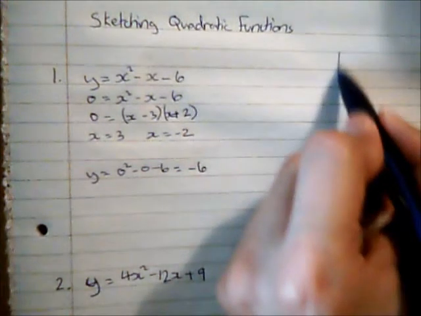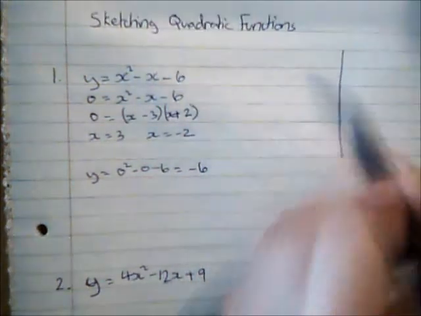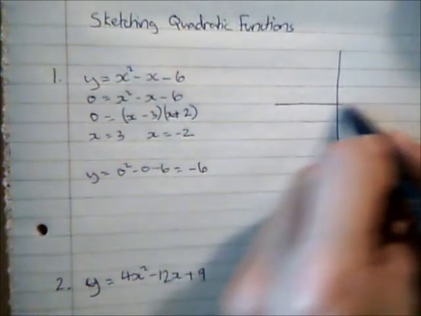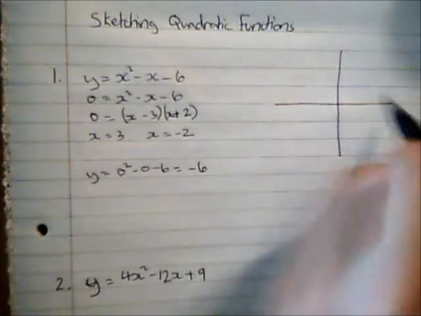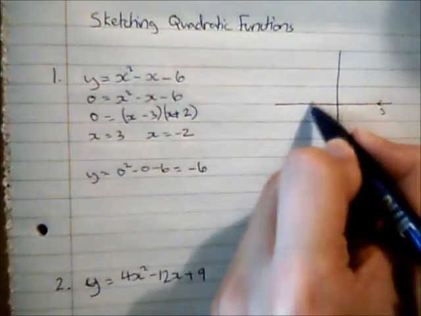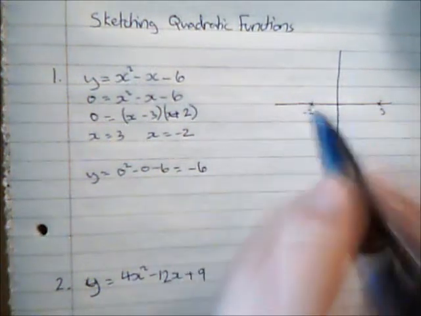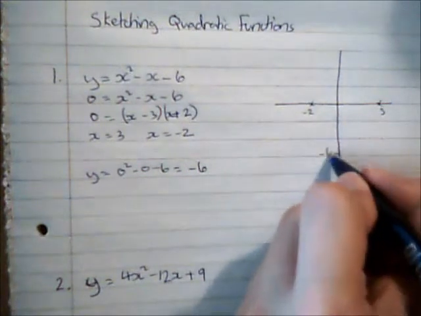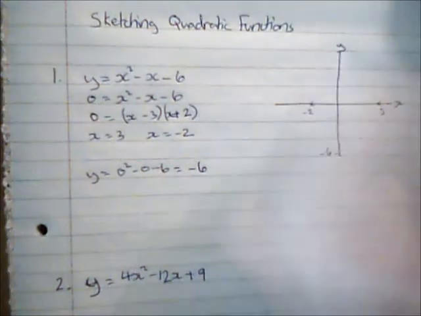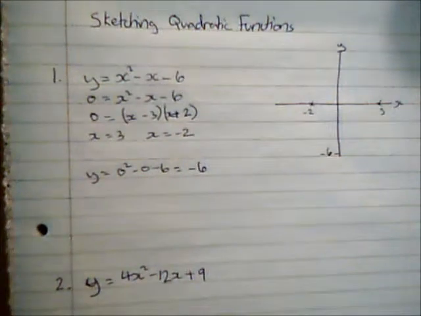So I'm going to set up a pair of axes. I'm going to mark on x equals 3 and x equals negative 2, y negative 6, and I'm going to do my sketch.